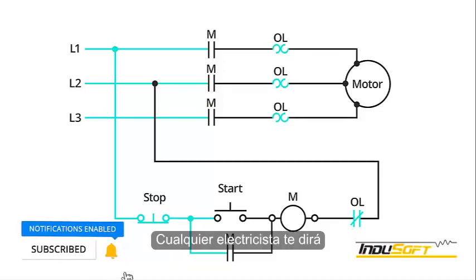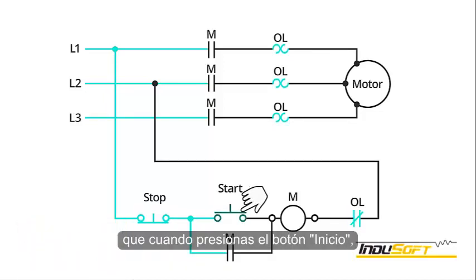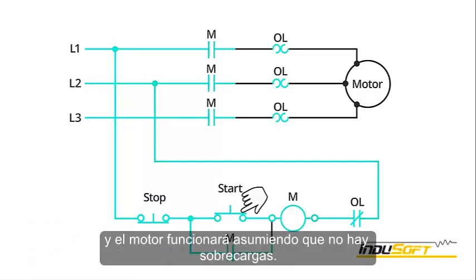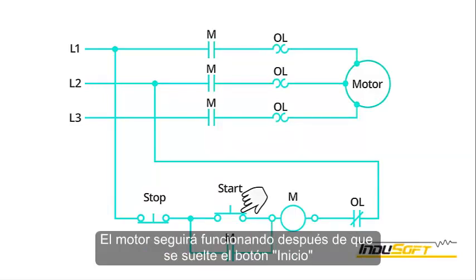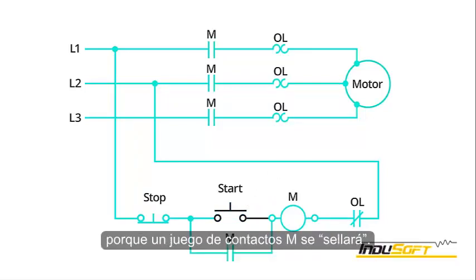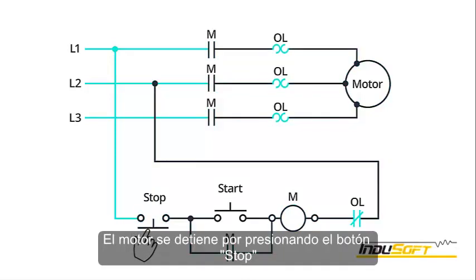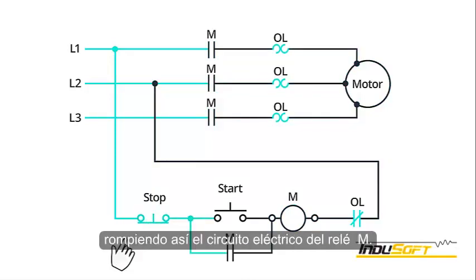Any electrician will tell you that when you push the start button, the M relay will energize, and the motor will run, assuming there are no overloads. The motor will stay running after the start button is released because a set of M contacts will seal in. The motor is stopped by pressing the stop button, thus breaking the electrical circuit for the M relay.